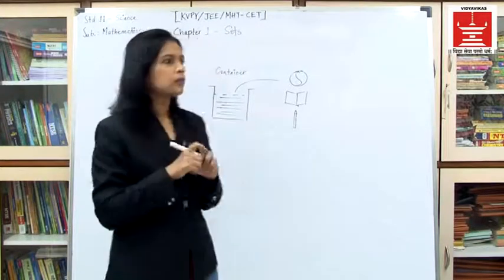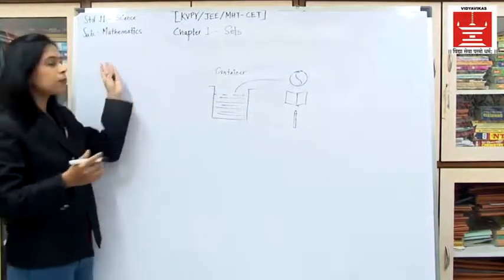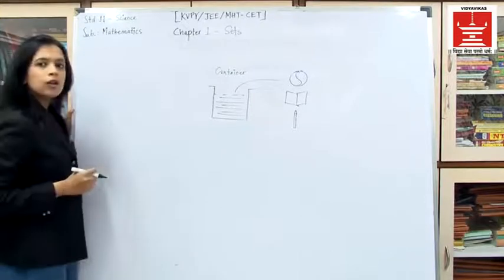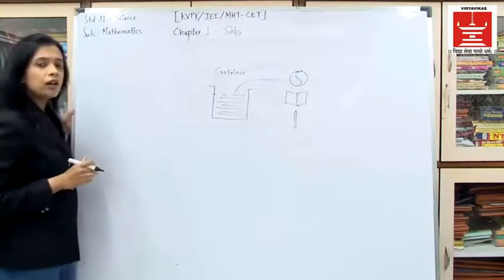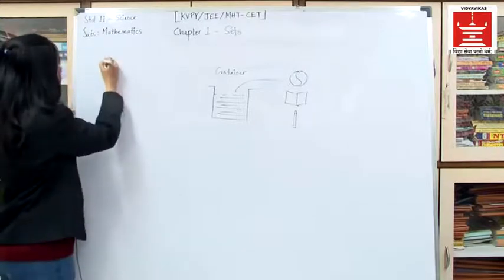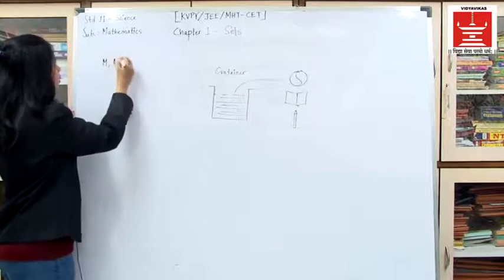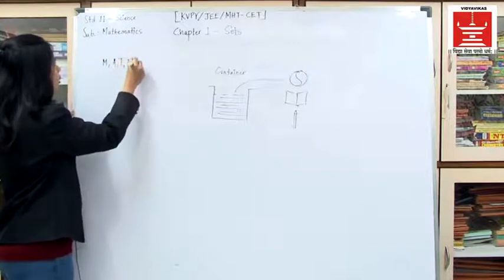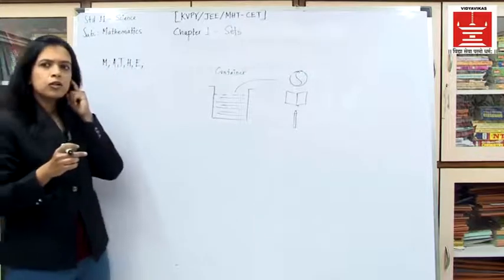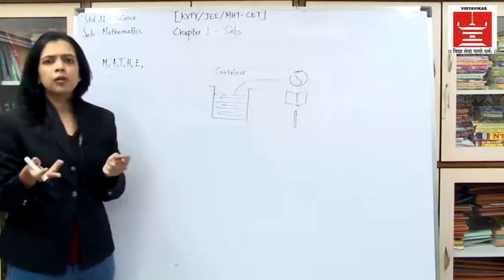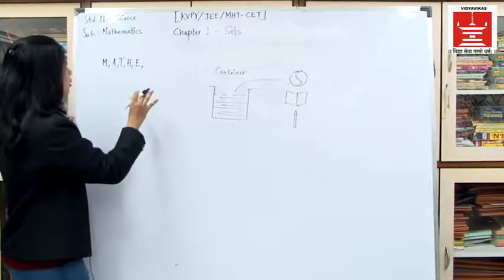So suppose I write this word, okay, you can consider this word mathematics. Okay, so what are the letters of this word? There is M, there is A, there is T, there is H, E. M is repeated, so you can repeat it or you don't. It is okay.